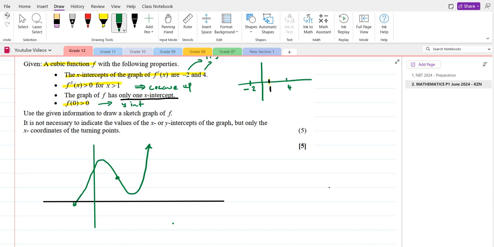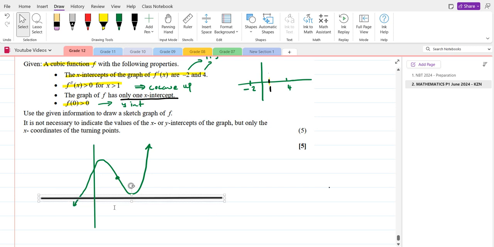Right, so let me move this a little bit higher up, right? See, the graph has only one x-intercept, and I need to move this somewhere around there.